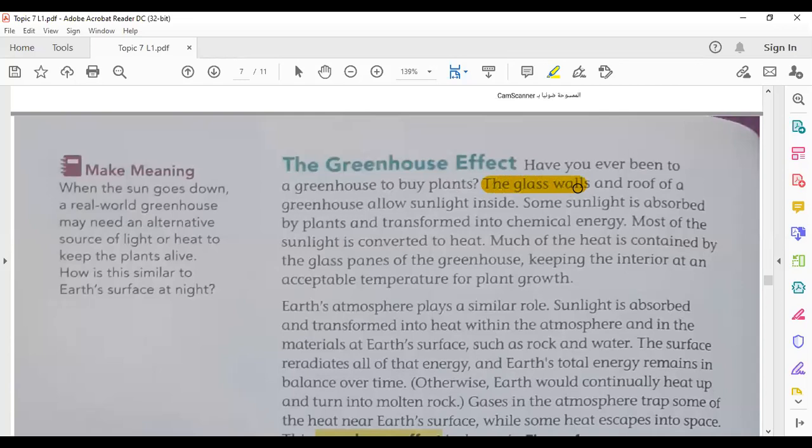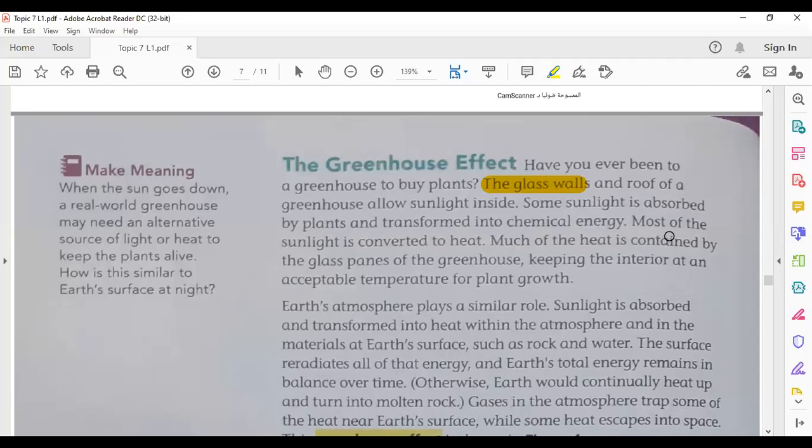The glass walls, you don't need to highlight this paragraph, but I want you to understand what you mean by the greenhouse effect. The glass walls and roof of a greenhouse allow sunlight inside, of course, because it is transparent. Some sunlight is absorbed by plants and transformed, as you know, into chemical energy by photosynthesis.